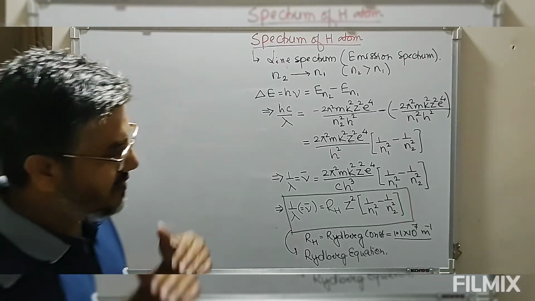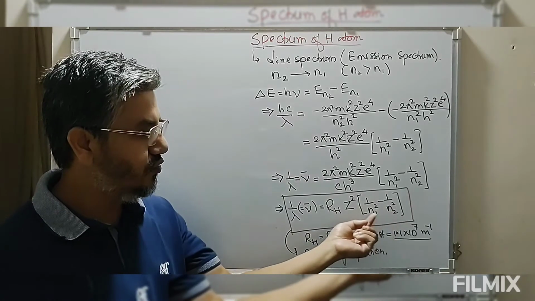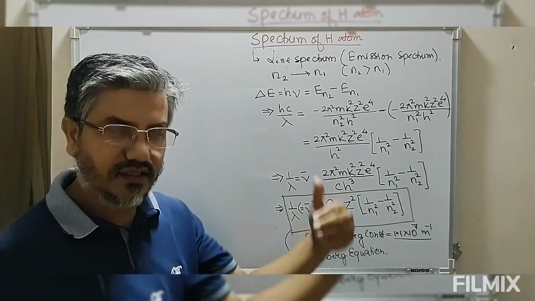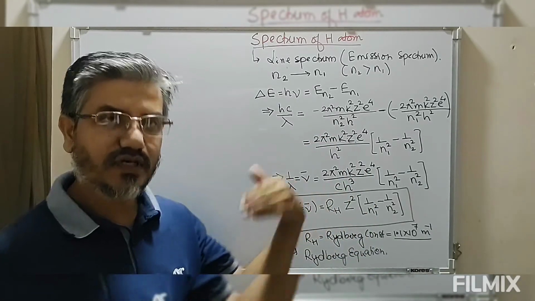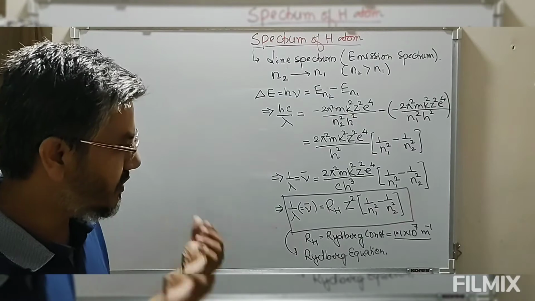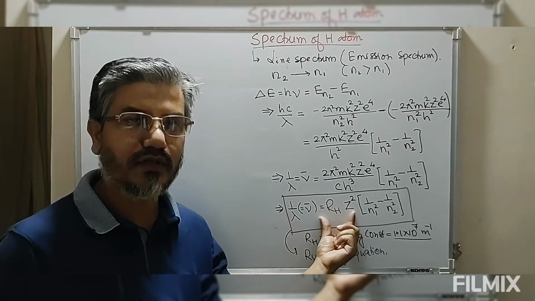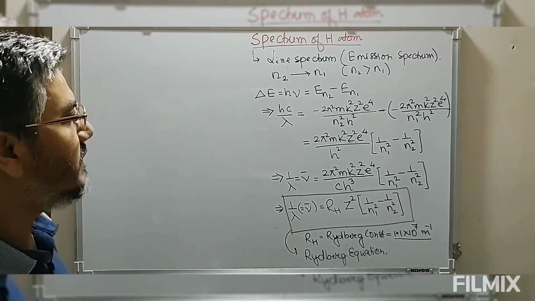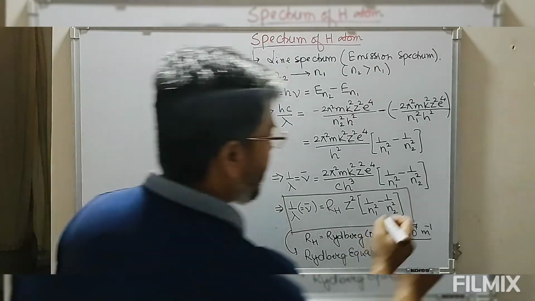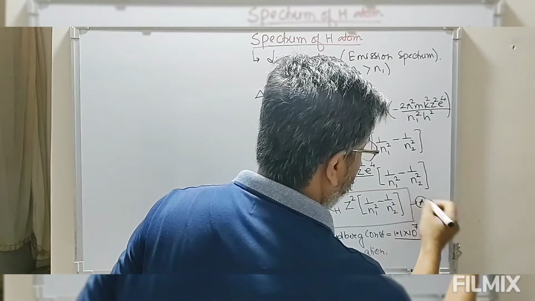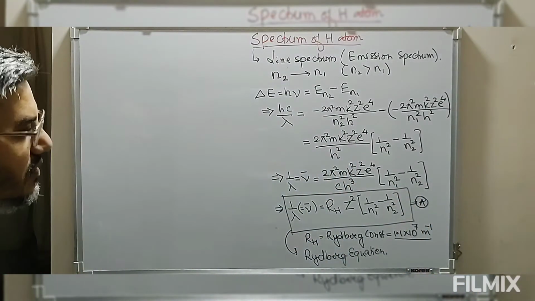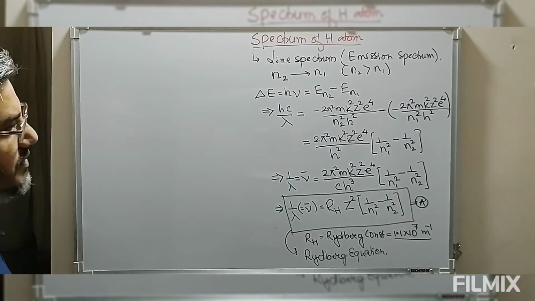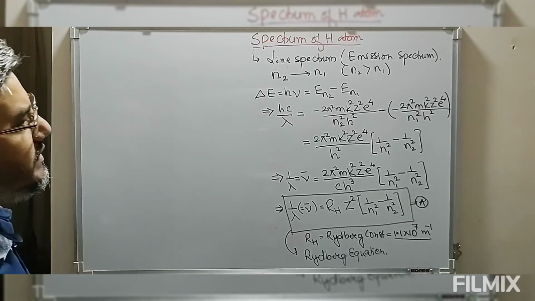When an electron comes from any excited level n2 to any lower level, energy is released, and that release corresponds to some frequency or wavelength, so we can use this equation to find the wave number or the wavelength of the emitted line. This is the main equation that we are going to use for the calculation of the wave number or frequency.